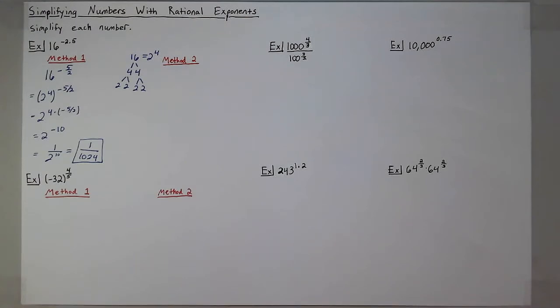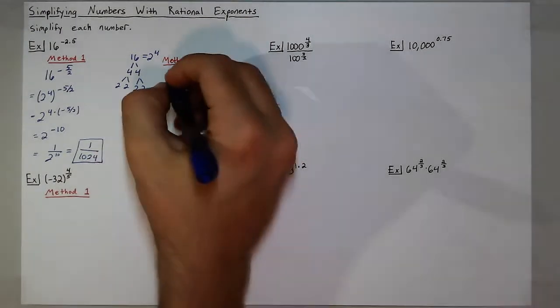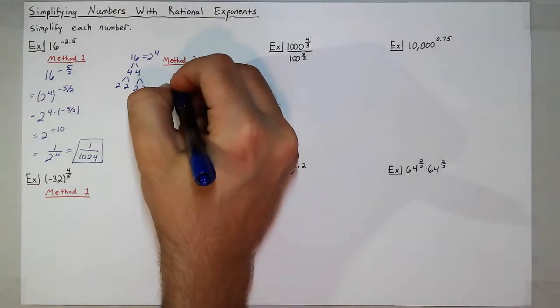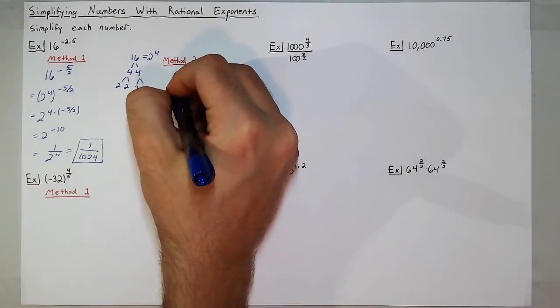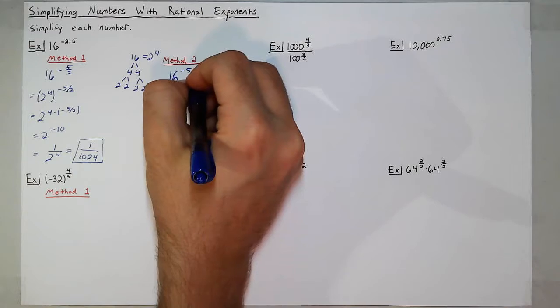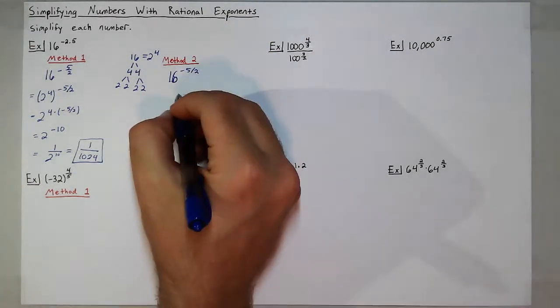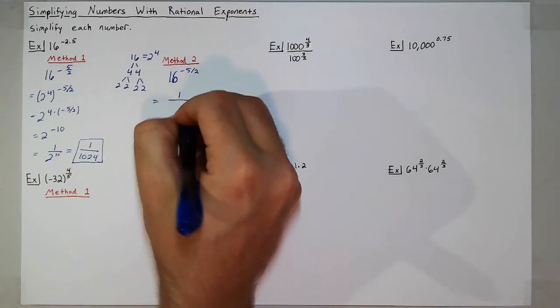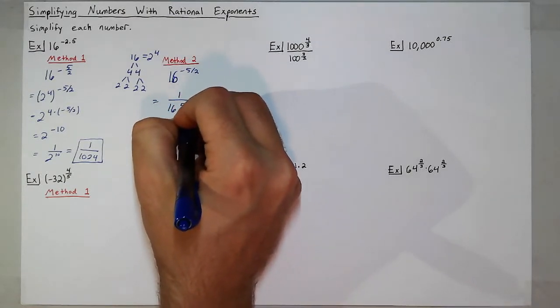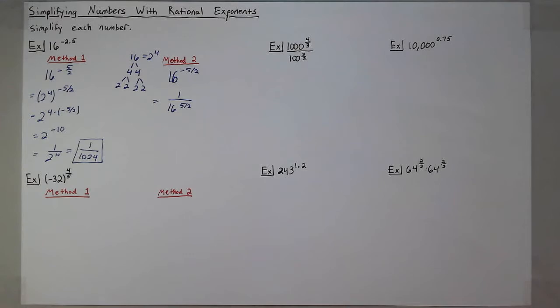Another way you can simplify that number: when I'm seeing 16 to the negative 5 halves power, I could already move that to the denominator to begin with. So I can rewrite that as 1 over 16 to the 5 halves power, and then rewrite that into radical form.